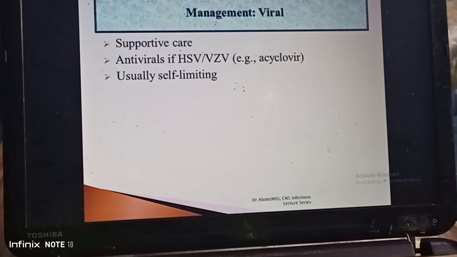Usually, this IV acyclovir is not available in our country. Sometimes we use oral acyclovir, even though it's not effective. The recommendation is to use IV acyclovir. And in fact, the good thing for viral meningitis is that it is a self-limiting infection.